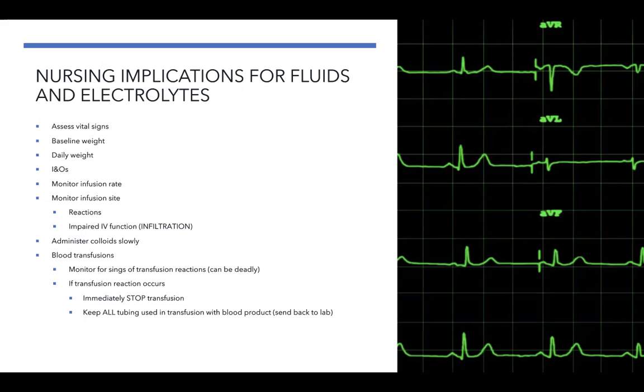So if a transfusion reaction occurs, you will immediately stop that transfusion, and you want to keep all the tubing that you were using when you're giving that transfusion along with that blood product, because you will have to send that back to the lab so they can double check the type and cross match that they did, or the type and screen that they had performed before sending that blood to your floor.